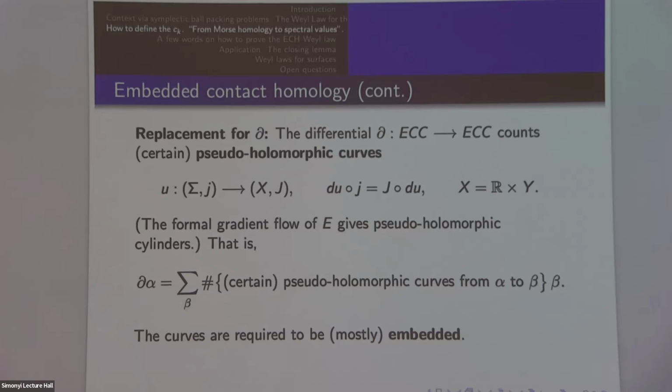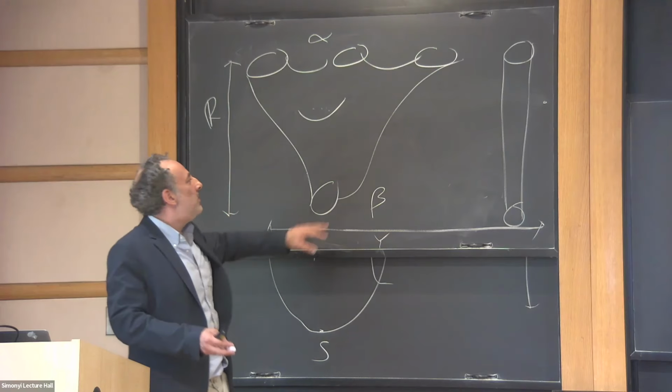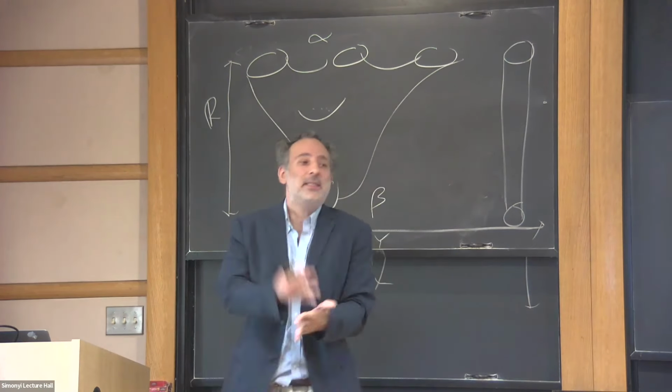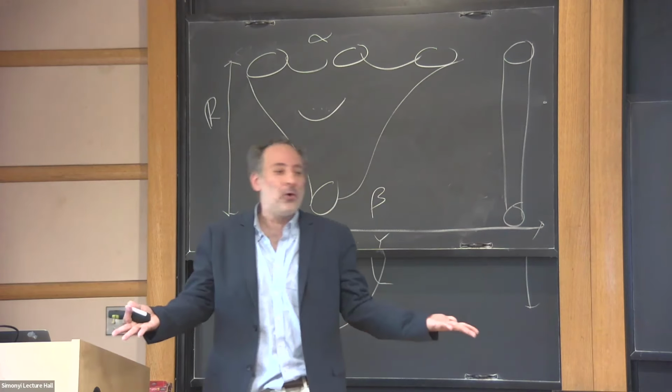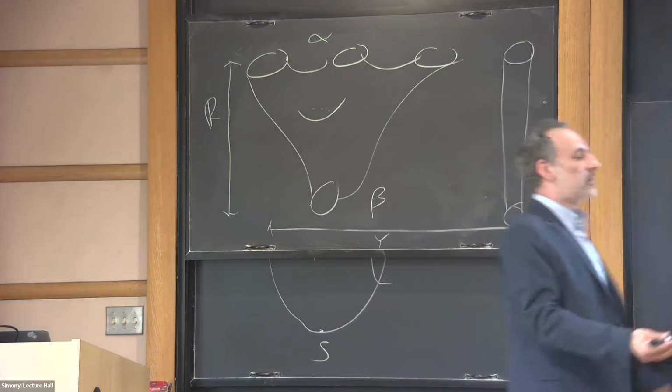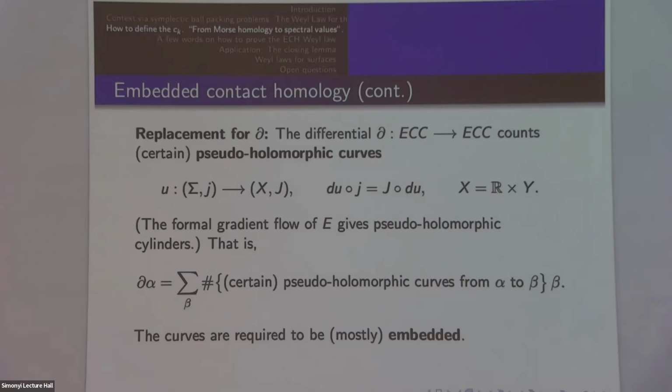And this is the first place in the talk where dimension 4 comes in in some interesting way. Because in dimension 4, this curve is some two-dimensional submanifold. It could intersect itself. It could have some nodal singularity or something like that. Those will live in the moduli space of pseudo-holomorphic curves, and they'll be robust phenomena that I can't get out of by perturbing a little bit. However, I could just try to ignore those curves and say I just want the embedded ones.